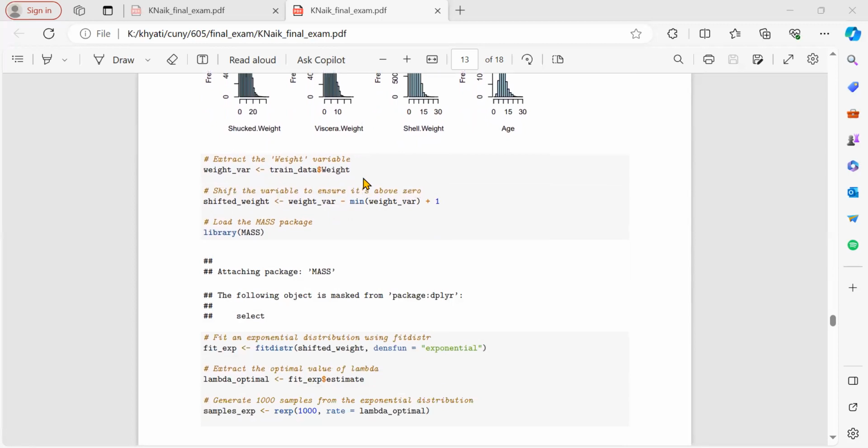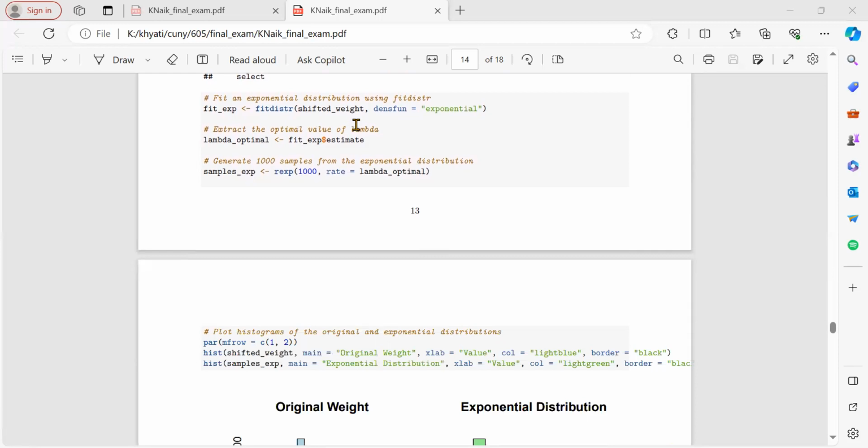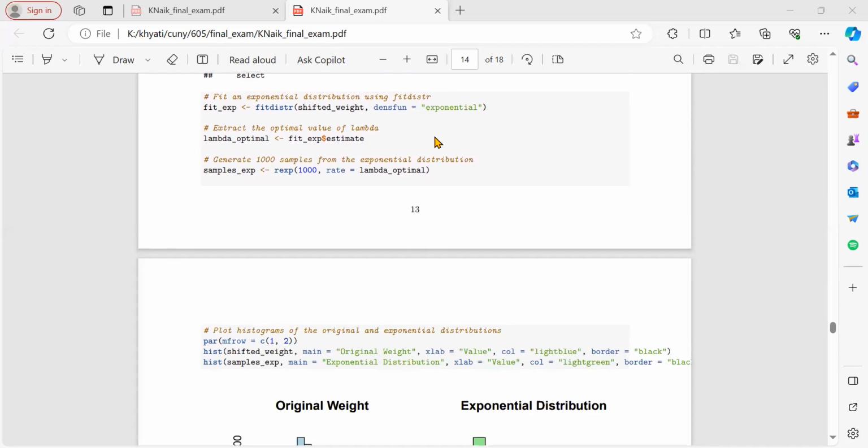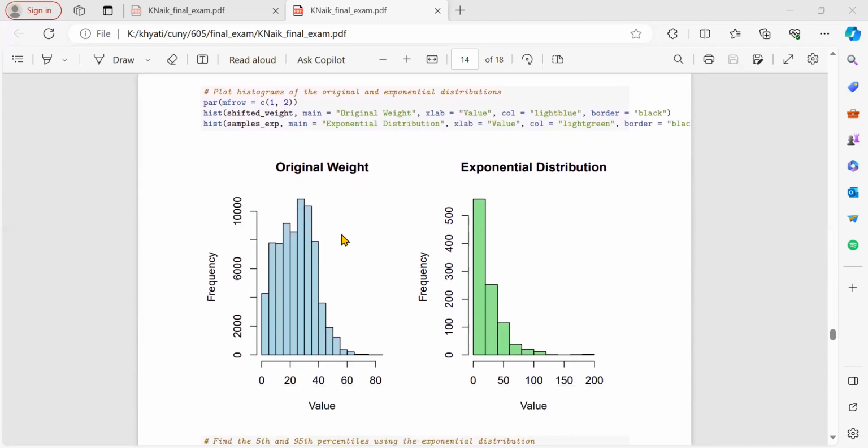We are extracting the weight variable here and using the MASS package library to fit an exponential distribution, and we can compare the diagram here, where this one is our original and this is the exponential distribution.